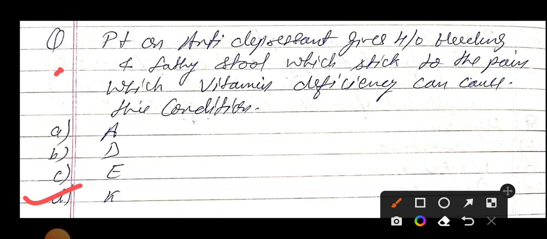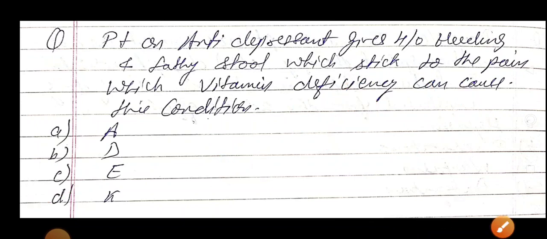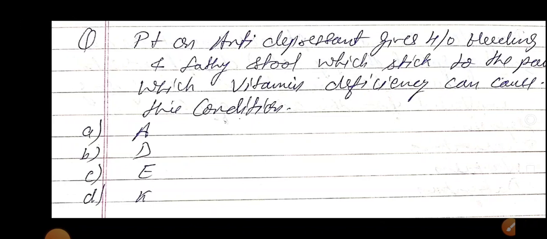Clotting factors of vitamin K include 2, 7, 9, 10. Vitamin K is also an antidote of warfarin-induced bleeding, and the anti-clotting factors like protein C and protein S are included. So there is bleeding due to vitamin K deficiency.